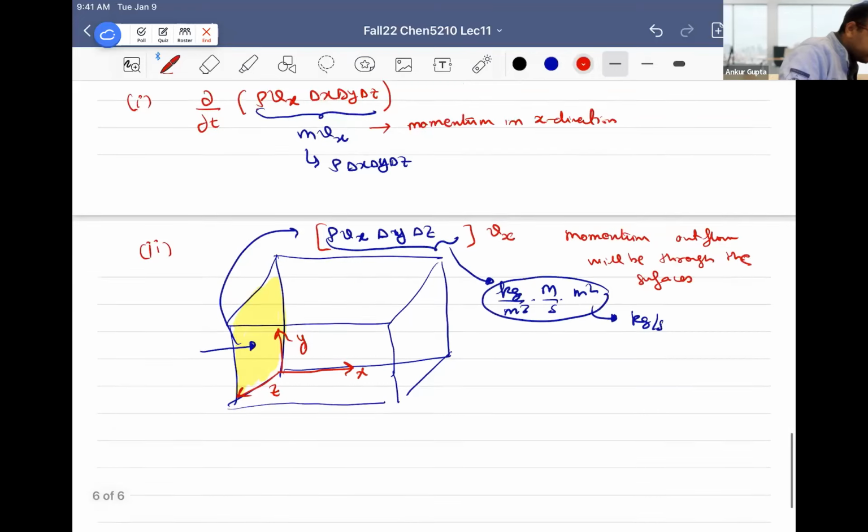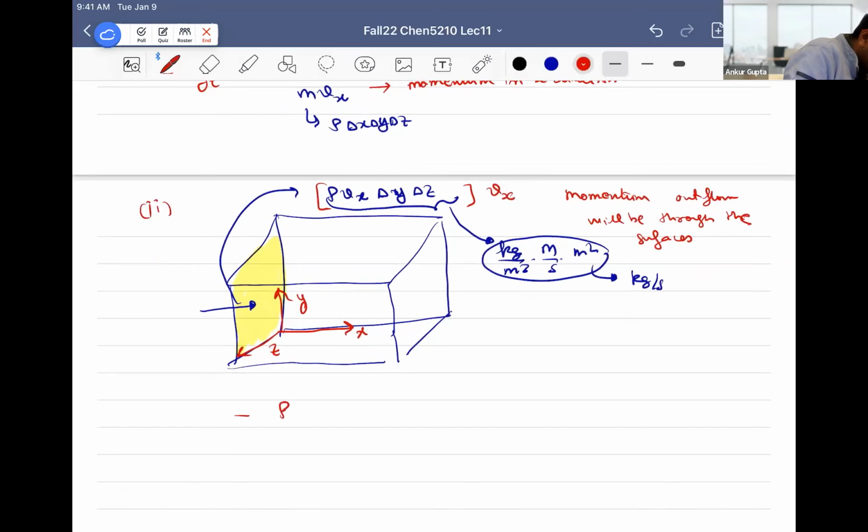So this is minus rho Vx, delta y, delta z at x. The other side, if velocity is in the Vx direction, I will have mass going out. So that's the outflow. So that will be plus rho Vx, delta y, delta z at x plus delta x. All right.